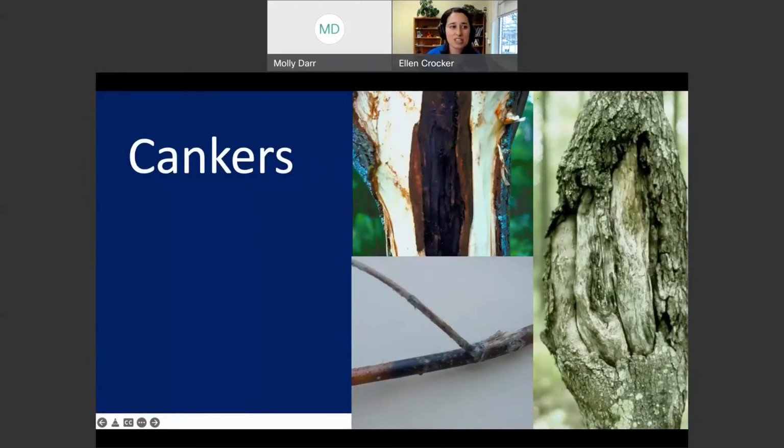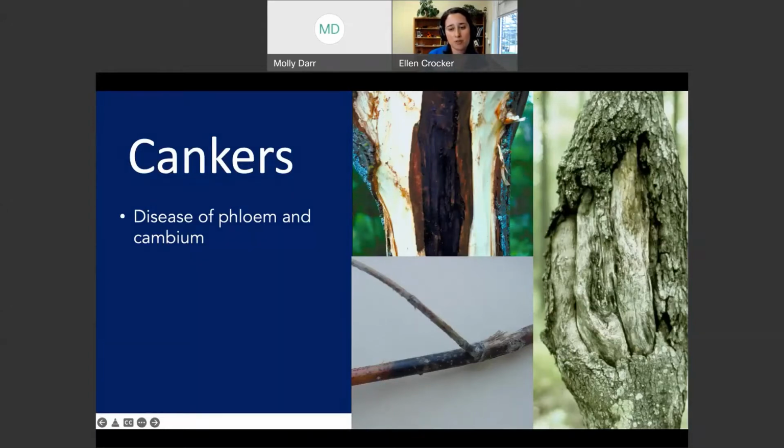So when we're talking about cankers, a canker, as I'm referring to it today, is going to be an infectious disease that's caused in the phloem and the cambium of stems, of branches, of twigs. And some patch of tissue there in the vascular system is being killed, and the tissue is dying as a result.